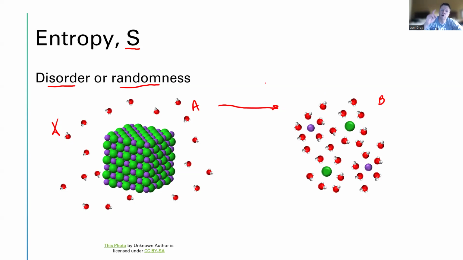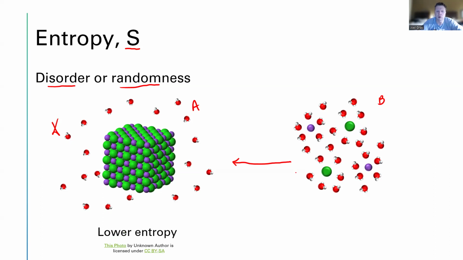Entropy has increased. Now, if we're to go from B to A, by contrast, then our order has increased, therefore the entropy of our system has decreased. So the more ordered it became, the more our entropy decreased.